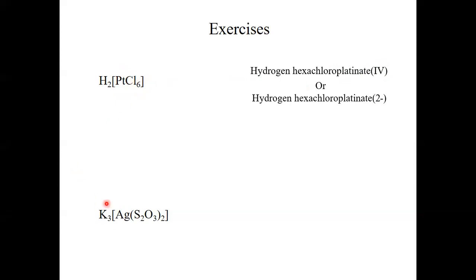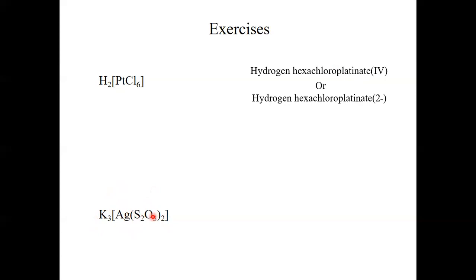Okay, now let's go to this example here, which is a little bit more complicated. Do you know the name of this anion here, S2O3? So that's a thiosulfate anion.